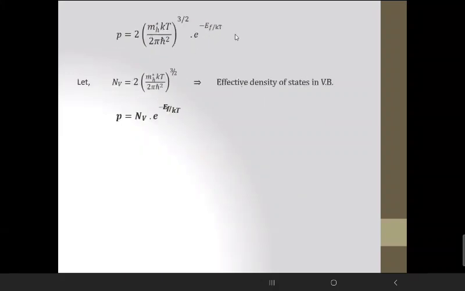When you are simplifying this, you will get this. So Nv is equal to the effective density of states in the valence band. When you sort it out, you will get P is equal to Nv into exponential of minus Ef over kT.